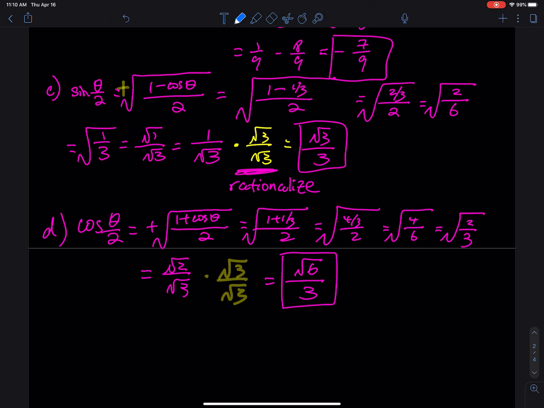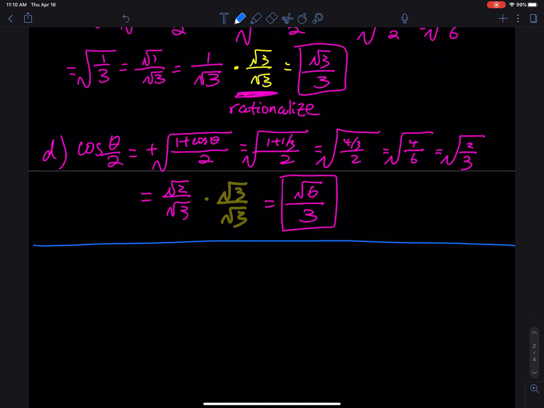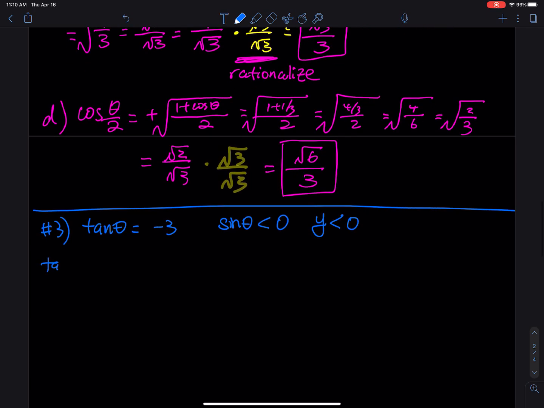Moving on to number 3. The given is tangent theta equals -3 and sine of theta is less than 0. So that means y is less than 0. Tangent theta equals sine theta divided by cosine theta, which equals -3, or you can write -3 divided by 1, right?